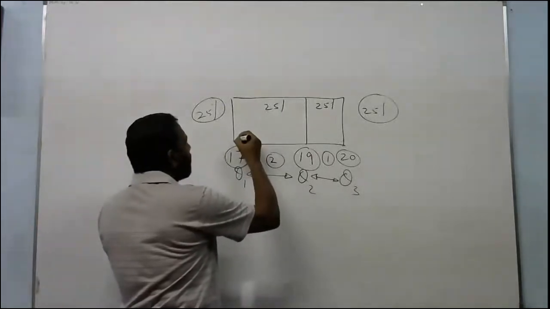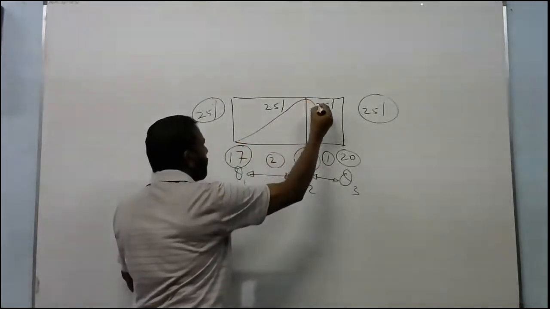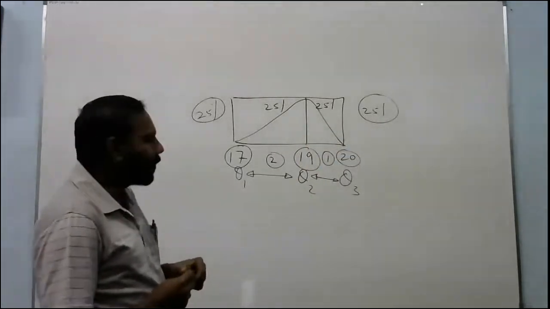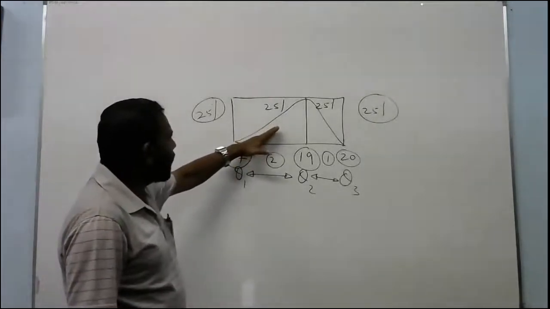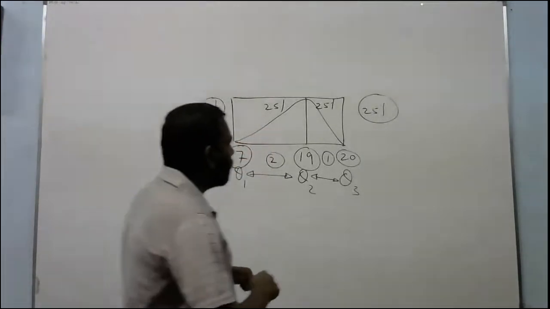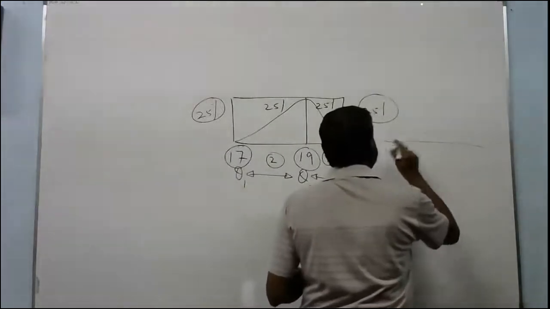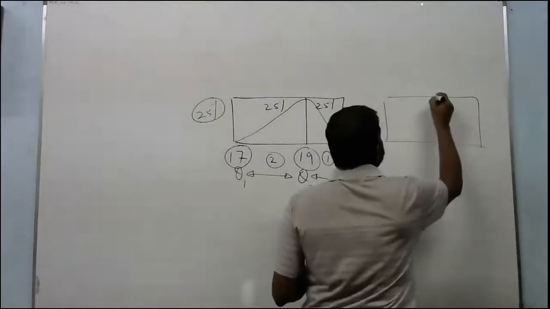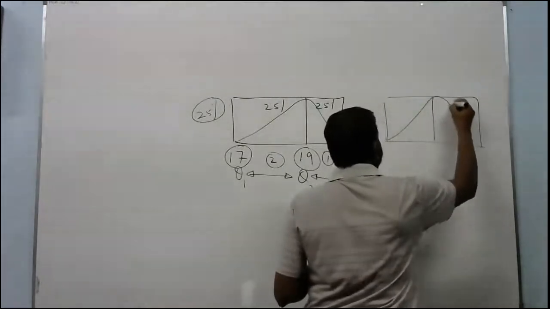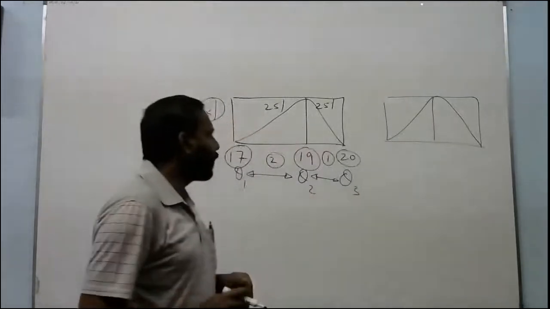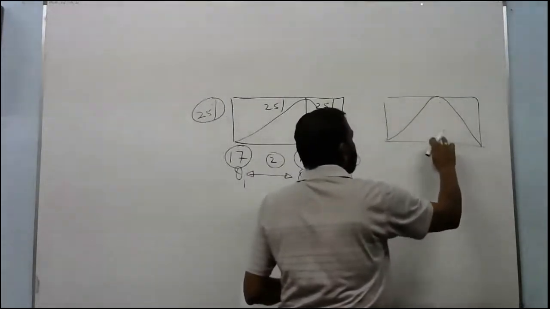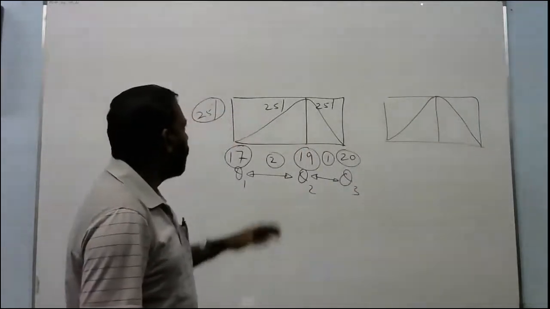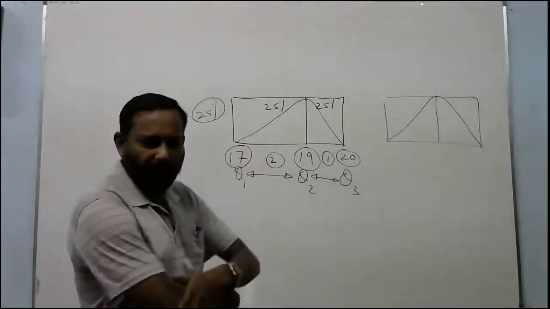So, for example, we can draw a graph simply like that, right? This graph is different from the graph that I drew like this. What is the difference between these two graphs?